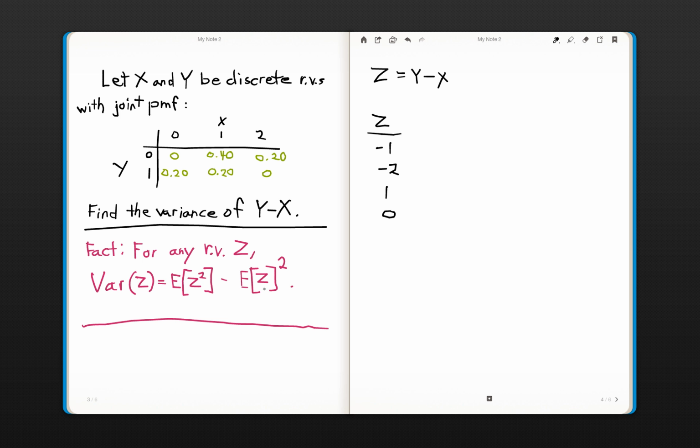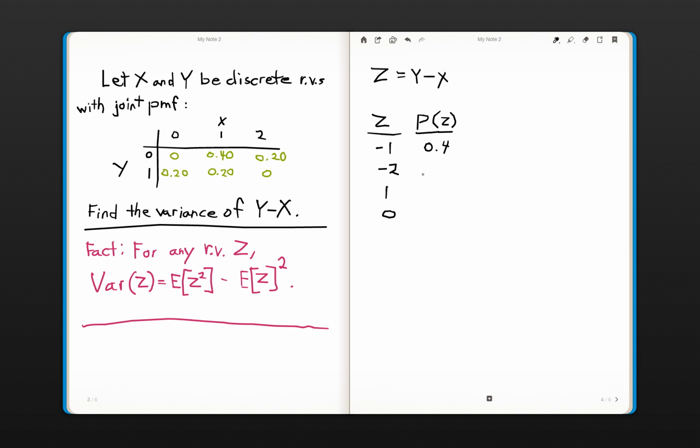I'm doing this work to be able to compute the expected value of Z, so I need to know the probability of Z. The probability that Z takes on negative 1 is 0.4, because the only way is 0 minus 1.